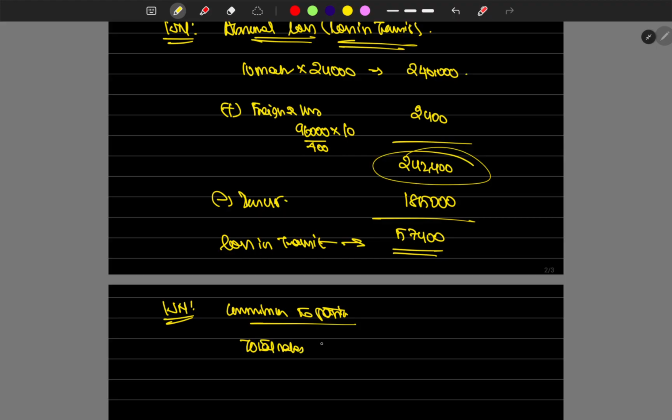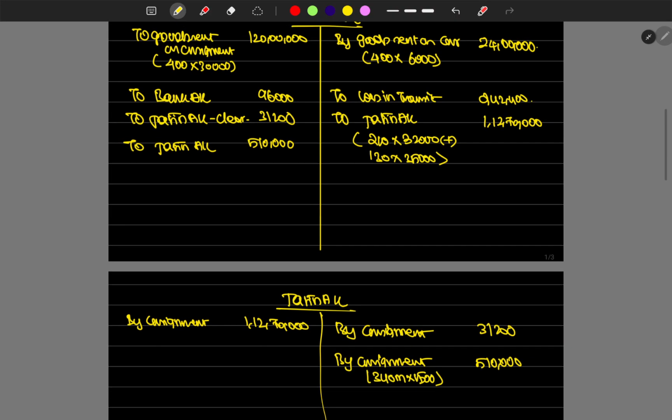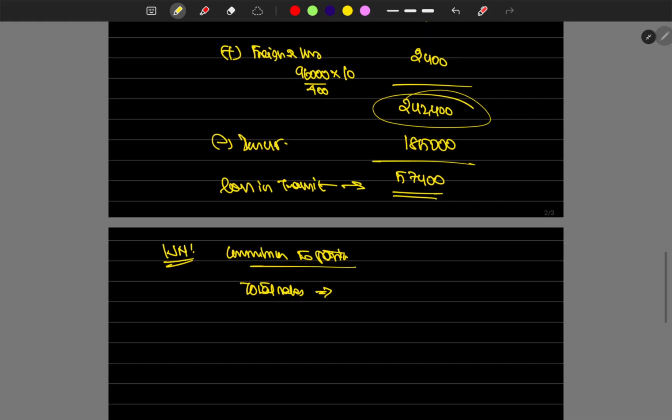Total sales is rupees 1 crore 12 lakh 70,000. 5% we have to pay, which is 5,63,500. Then what else? We have to pay the additional commission, which is on additional gross sales proceeds beyond the IP price.